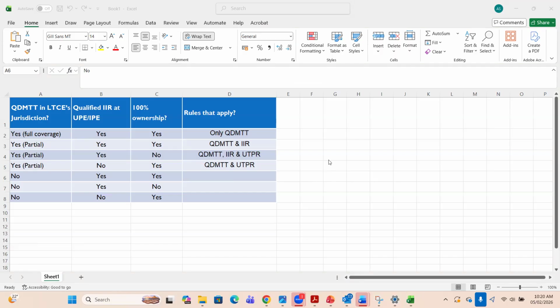Then only they can share in the pool. Okay, is this clear? So for application of IIR, we have to see if UP or IP. For application of UTPR, we have to see if the other constituent entities have a qualified UTPR status. Now tell me, is that clear?